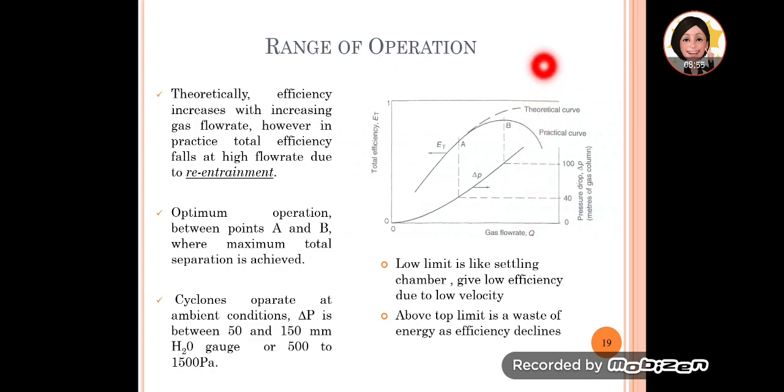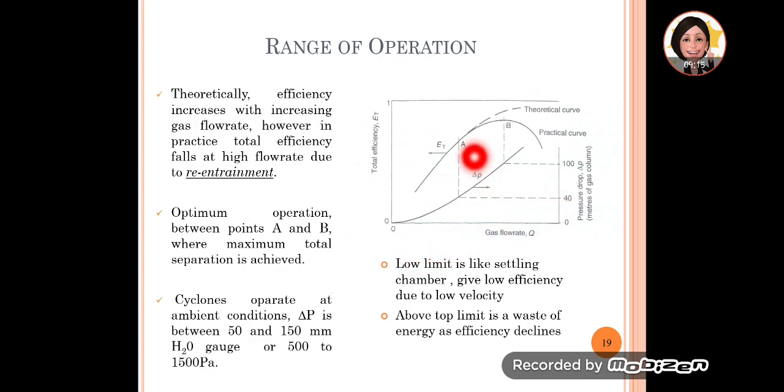So that's why we should be operating between A and B, and this is usually between 50 to 150 millimeter water gauge or 500 to 1500 Pascal.